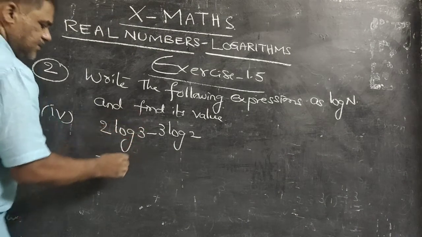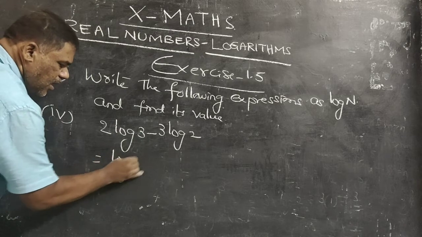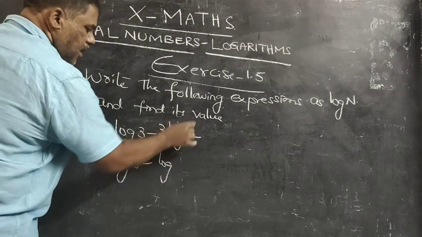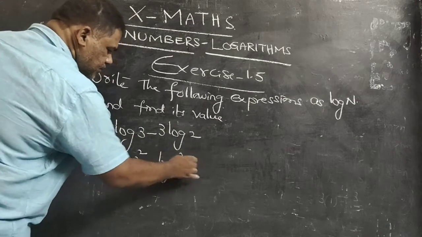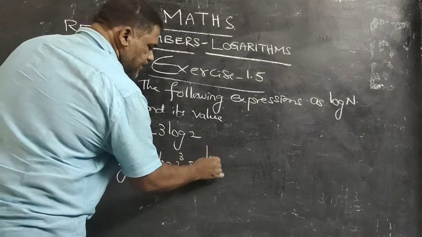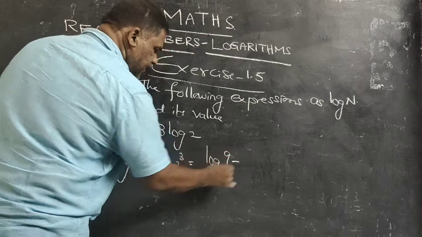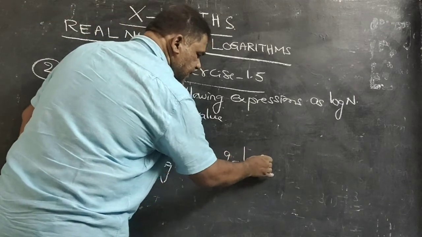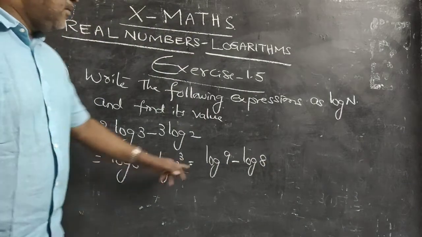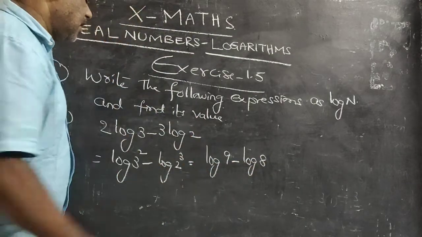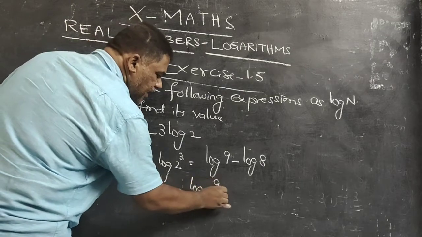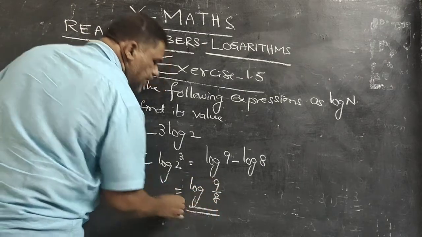So this 2 comes here, it will become log 3 square. Here it will become log 2 cube. 3 square means 3 into 3, that is 9. 2 cube means 2 into 2 into 2, that is 8. Now this is in the form of log a minus log b. Log a minus log b is log a by b. So it is log 9 by 8.